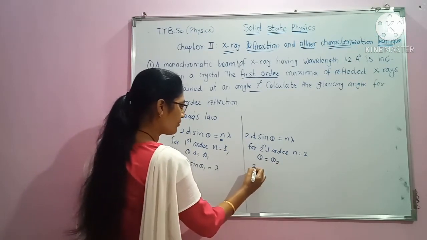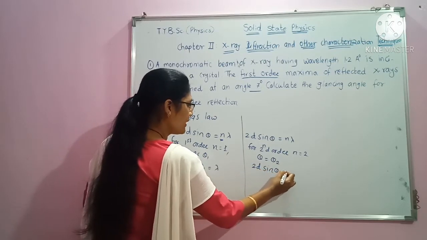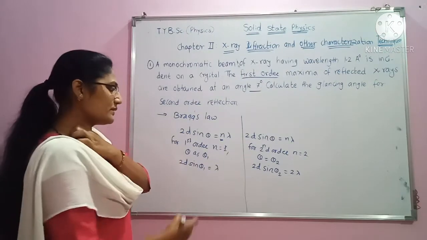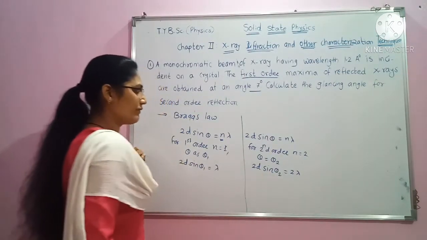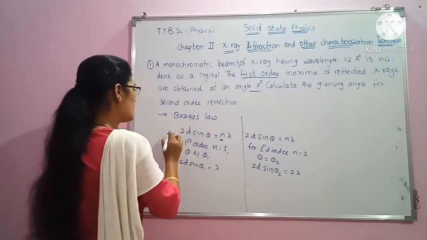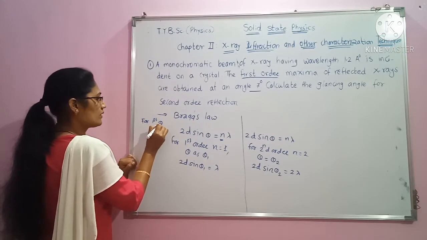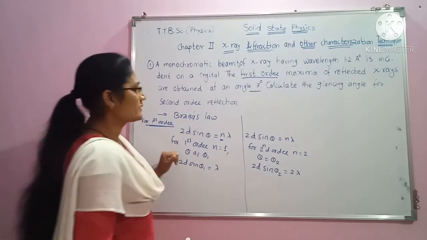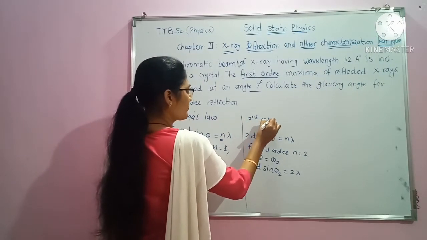So our formula for second order becomes 2d sin theta 2 is equal to twice of lambda. This is the formula for second order reflection, and this is for first order reflection.